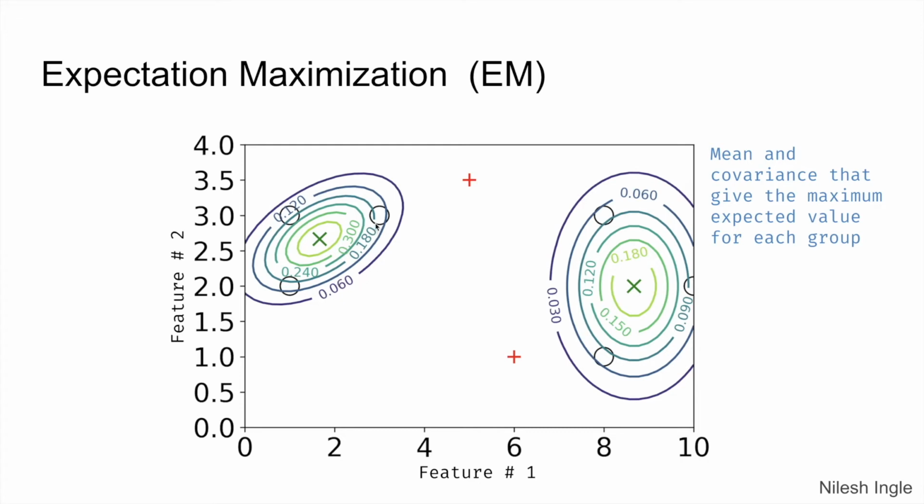What this tells us is how likely it is that this point came from this distribution, and similarly for all the other data points. Another point to note here is that the shape of these contours is oval, and that tells us that there is some relation between feature 1 and feature 2 in this case.